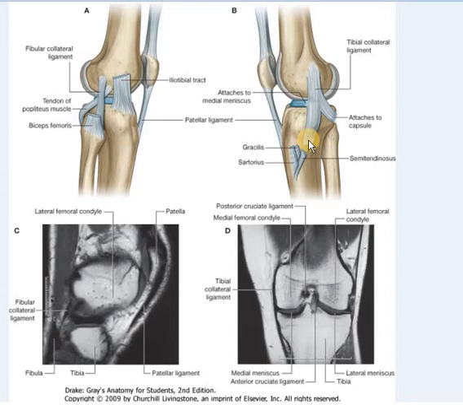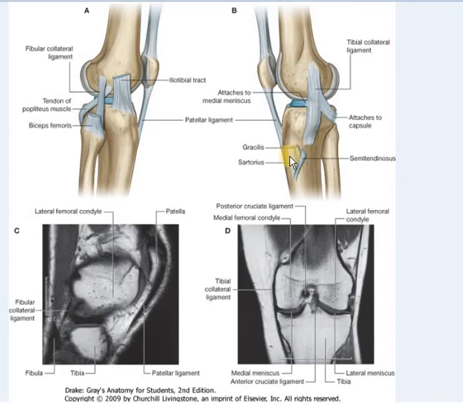As I told earlier, the sartorius, gracilis and semitendinosus tendons are attached to the medial surface of the upper part of the tibia. So just behind the tendon of the semitendinosus muscle there is the attachment of the tibial collateral ligament.